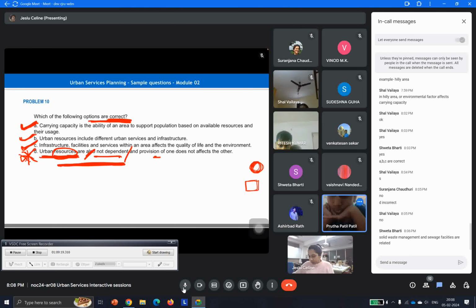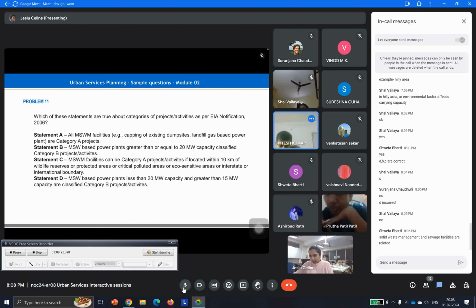So question 11. Which of these statements are true about categories of projects or activities as per EIA notification? Statement A, all MSWM facilities, example, capping of existing dump sites, landfill gas-based power plants, etc., are category A projects.